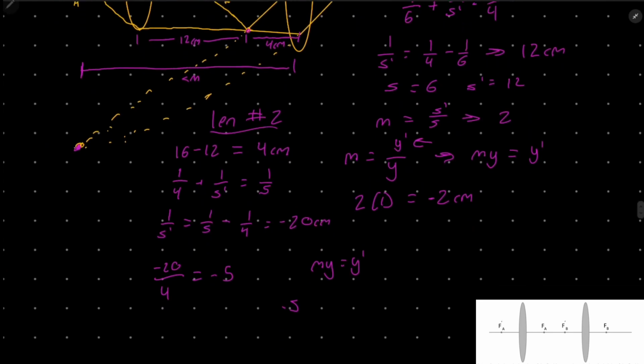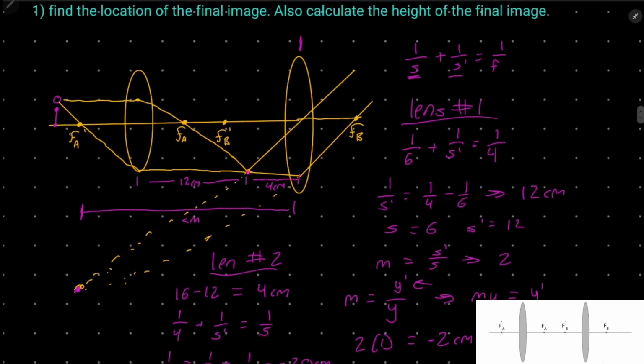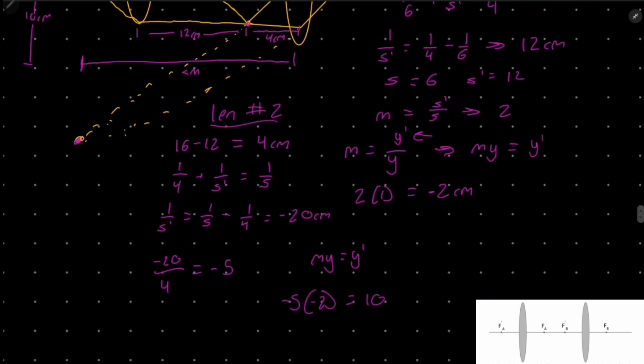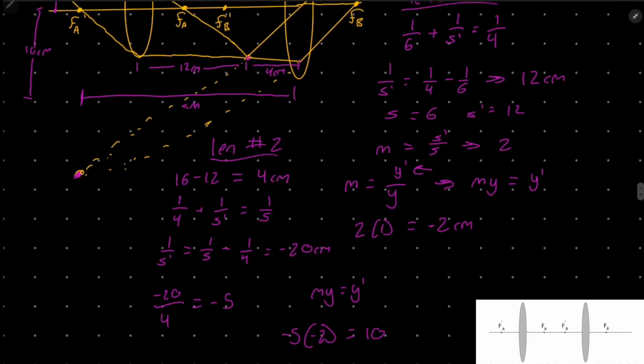Which was negative 2 centimeters. So we have negative 5 times negative 2, and that's going to be equal to 10 centimeters. So this distance right here is going to be 10 centimeters. And that is our final answer.